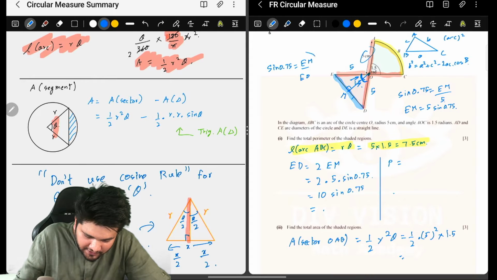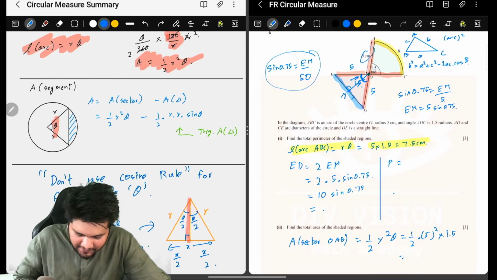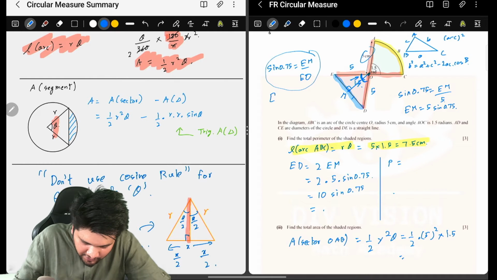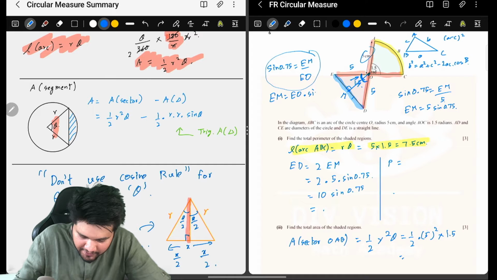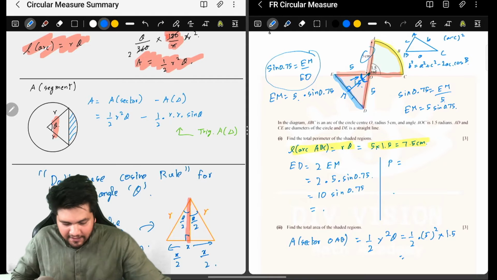As you can see, sine 0.75 is EM upon EO. So EM is going to be EO times sine 0.75, and EO is the radius, so it's 5 times sine 0.75. So ED is nothing but 10 times sine 0.75.